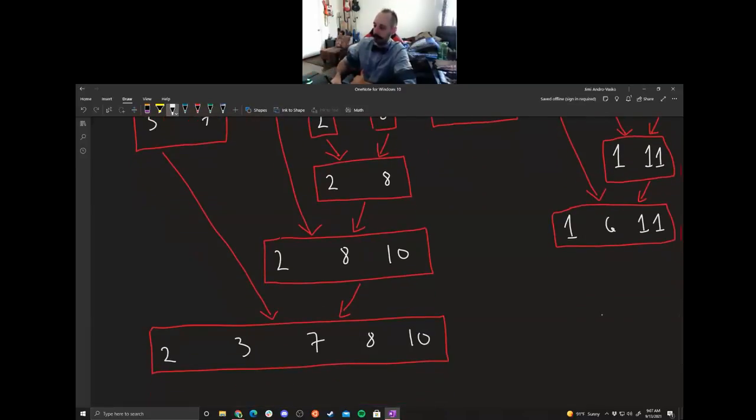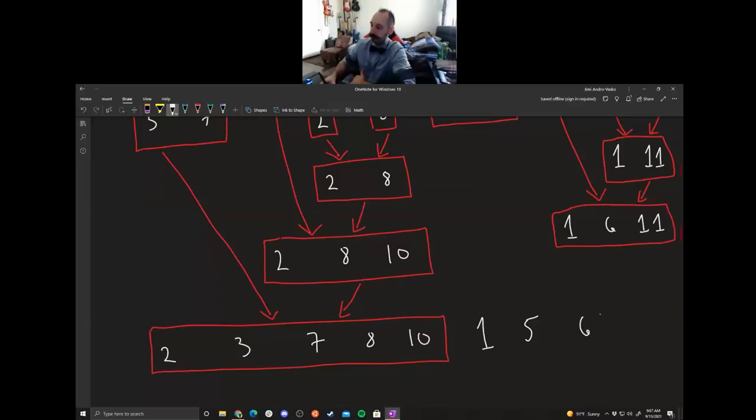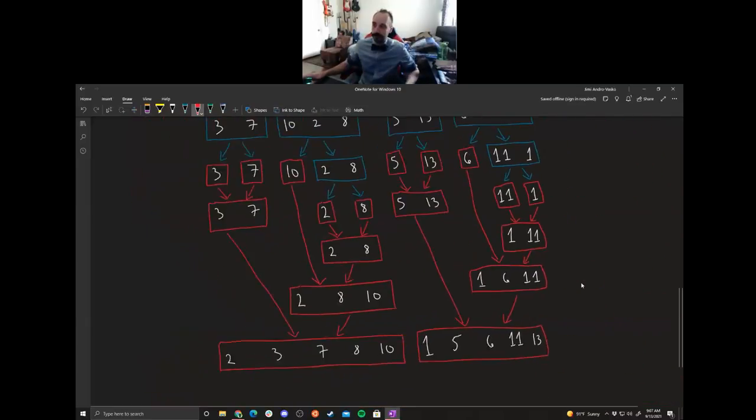So we're going to have 1, 5, 6, 11, and 13, if you simply merge these two lists together. Like that. Let me zoom out here so we can see the entire picture.